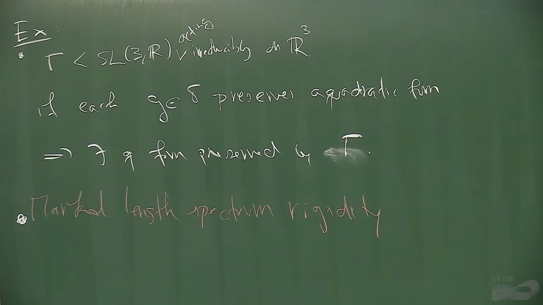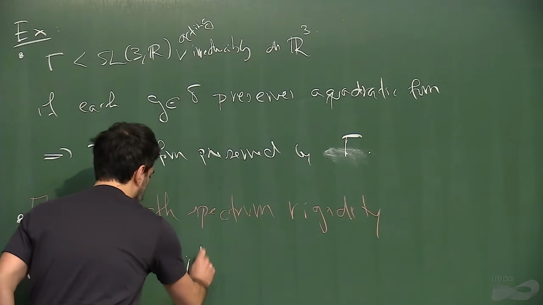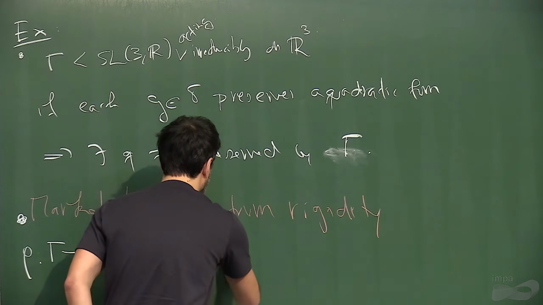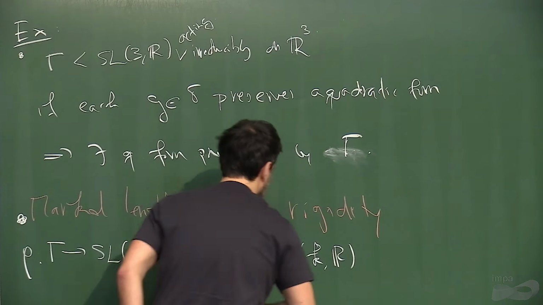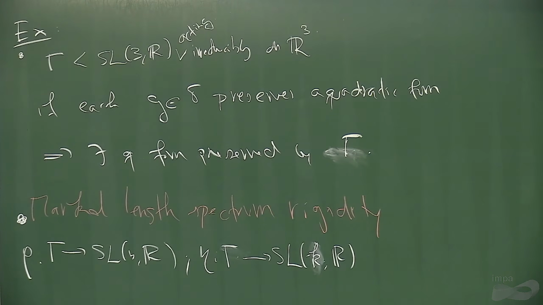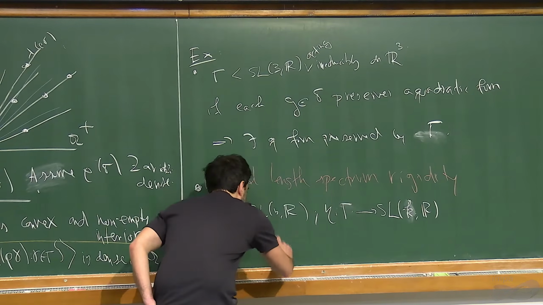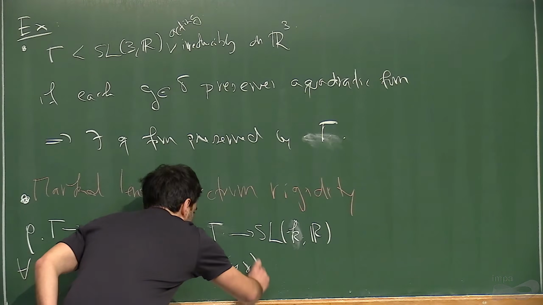So now you have the same group, but you consider two representations in different SLn. And you assume, for example, that for every γ, when I look at the spectral radius on one representation, I get the same spectral radius as on the second representation.